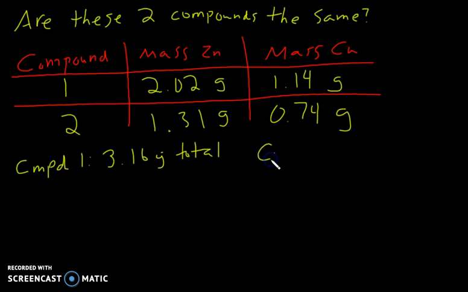And then for compound 2, actually I'm going to do that in a different color. Separate it a little bit. So, let's go ahead and get that in blue. And we'll go ahead and do compound 2.